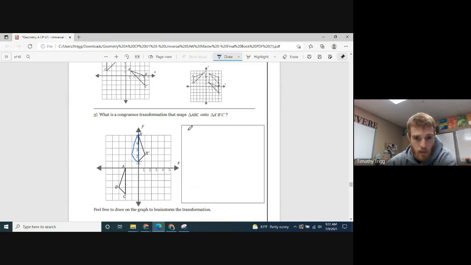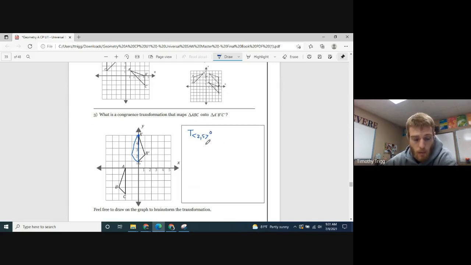So that would be a translation. And how is it translated? Well, if we look at the corresponding points, let's just look at point A. It would move 2 to the right and 1, 2, 3, 4, 5 up. So 2 to the right, 5 up. So that's the translation that moves this onto the blue here.